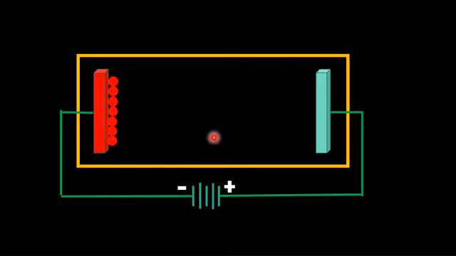Thermionic emission is a crucial and important process, especially used in different types of electronic devices such as thermionic converters and electrodynamic detectors. So this method of thermionic emission is diverse and widely used in electronic devices. Student, this is all about thermionic emission.